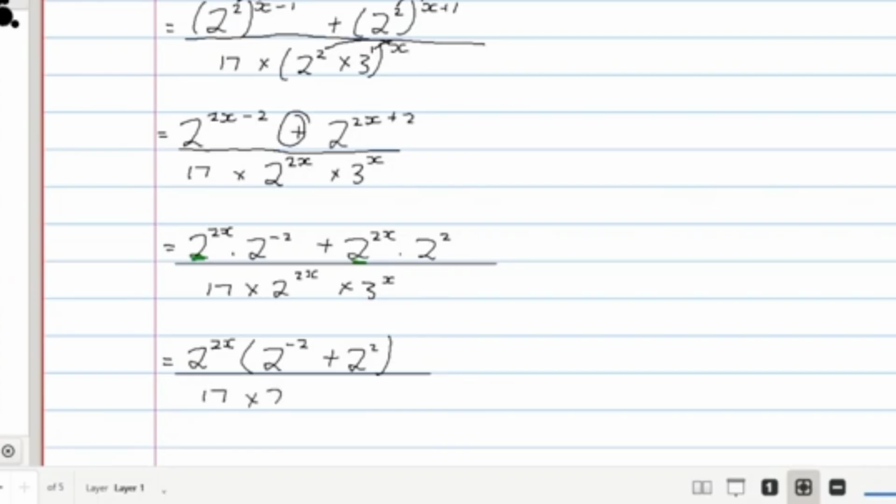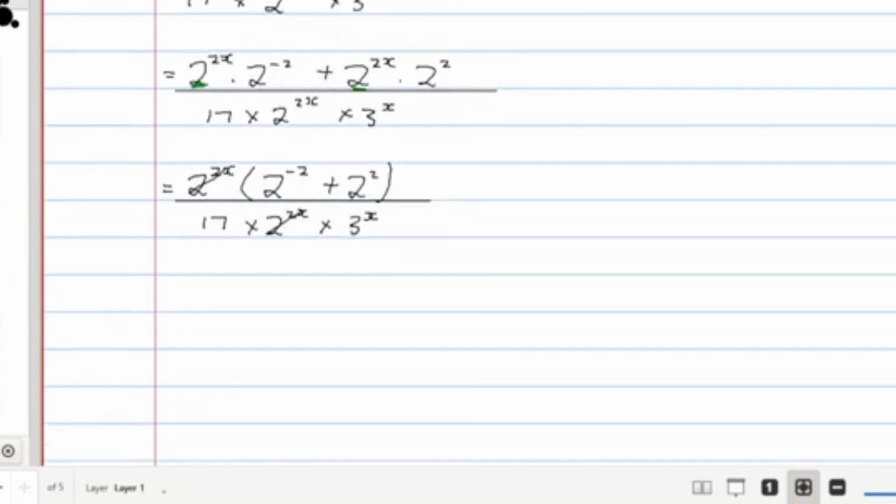It's 17 times 2 to the power 2x times 3 to the power x. So they cancel from numerator and denominator. On the numerator, you're remaining with 2 to the power -2 plus 2 to the power 2, which is all over 17 times 3 to the power x.